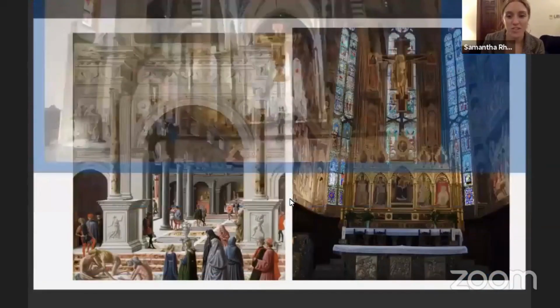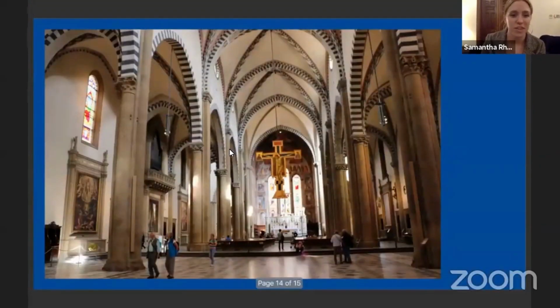What you actually would have seen, I wonder if I've got a picture. No, this is the picture I've got. What you actually would have seen is this area would have been almost entirely blocked off, probably beginning right here. So not this column on the left, but the second one right here.